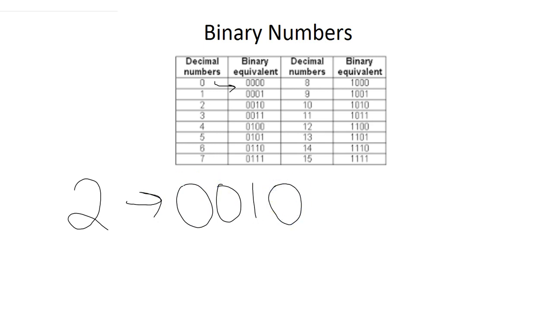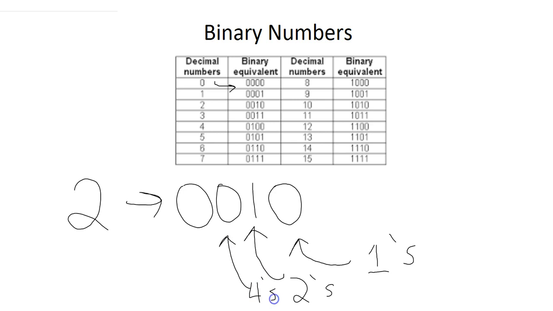And the best way to think about this is every time you slide over, you're doubling your value. So if we look at this, we can think of this as how many ones this number has in it. This spot is how many 2's a number has in it. This spot, since we're doubling it, is how many 4's a number has in it.